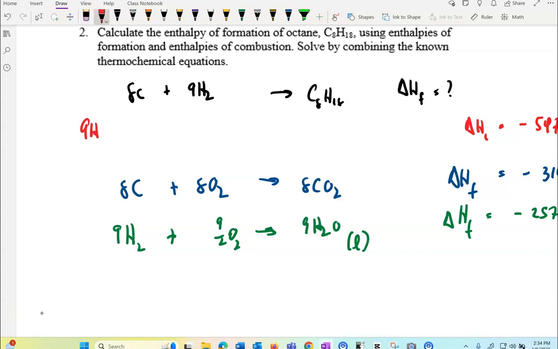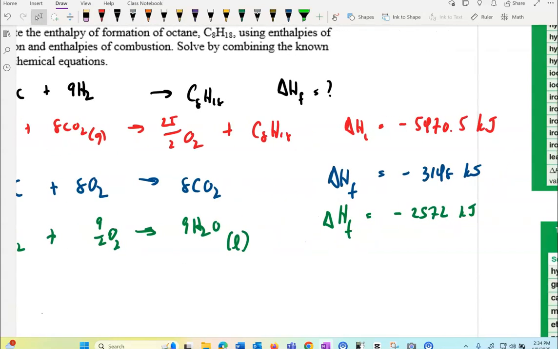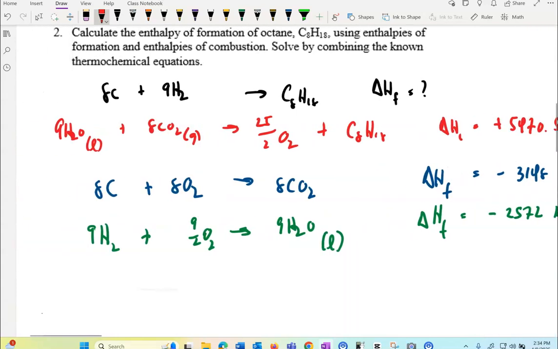That means 9 molecules of liquid water are going to react with 8 molecules of CO2. They're going to produce 25 halves of oxygen and 1 molecule of C8H18. When we do this, we're going to flip the sign of this energy change backwards.